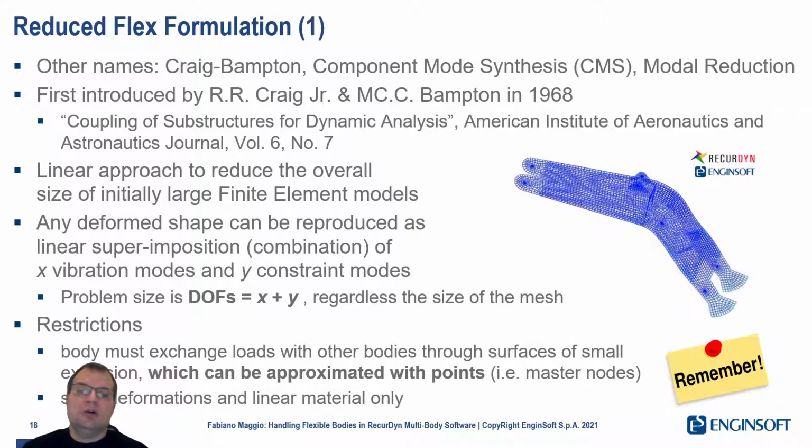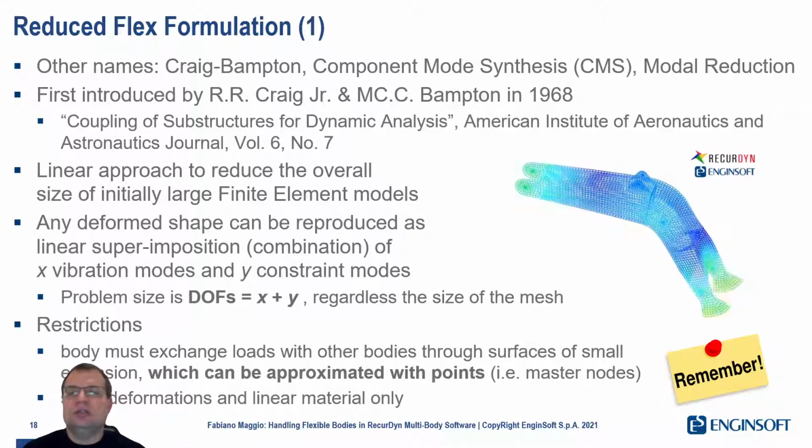So in order to know these master nodes, we have to consider that this body must not be involved in contacts where the extension of the contact surface is very large, or where the contact is moving over the body.